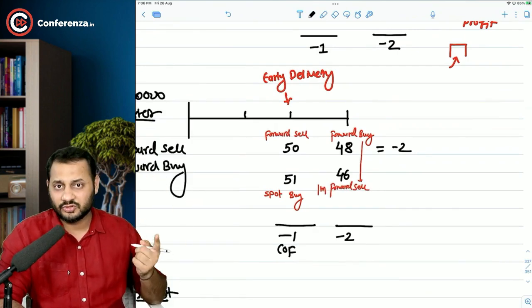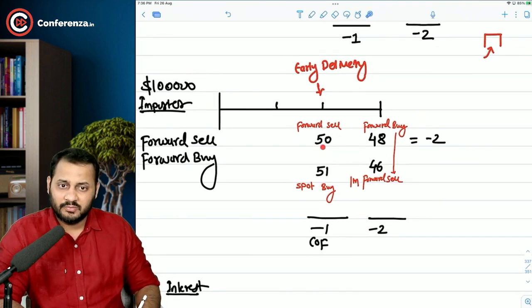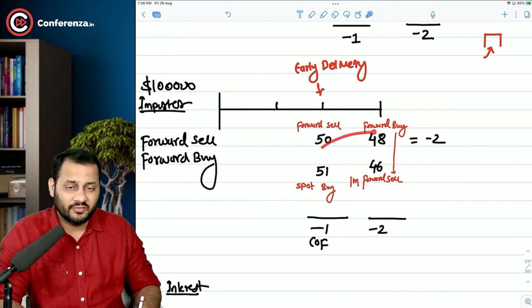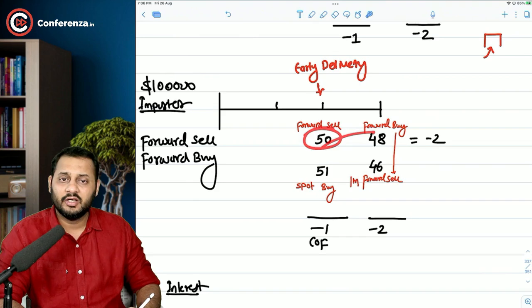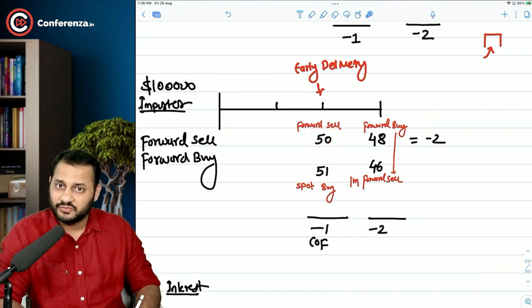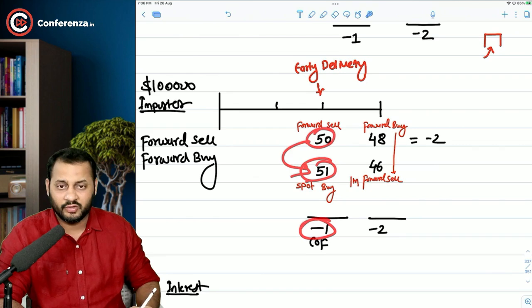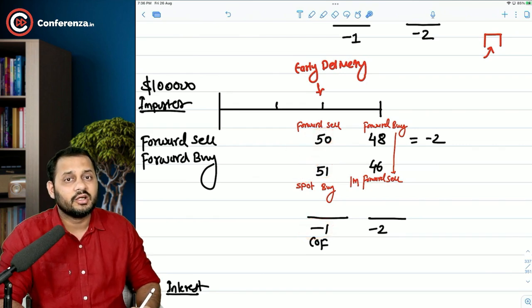I need to summarize all these things. So please understand. This 50 was about to be delivered on this date, but the customer requested us to get the delivery on an early date. Because we were not prepared for the early delivery, we settled those with the spot contract and we incurred a loss of 1 rupee which should be recovered from the customer.